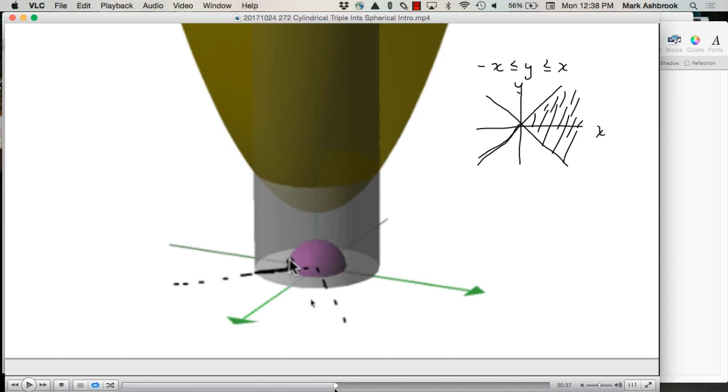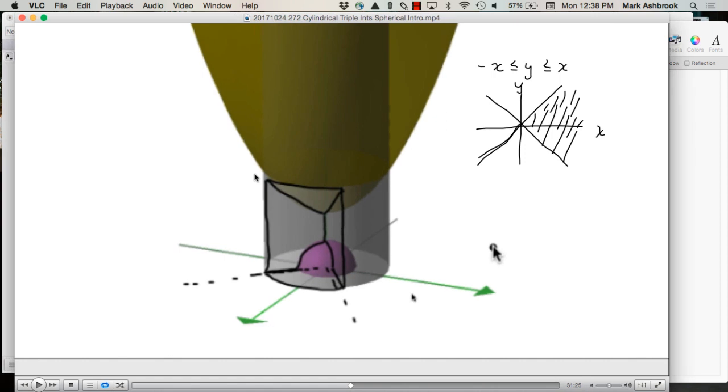So there's that thing, and so then, do you see it? So what it's below is the paraboloid, above the xy plane, outside of the sphere, within the cylinder, and between negative x and x.